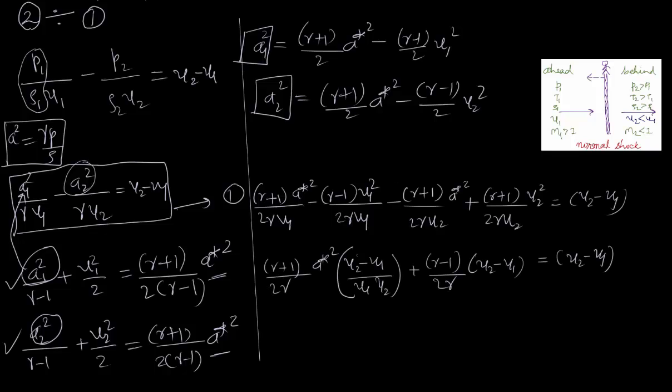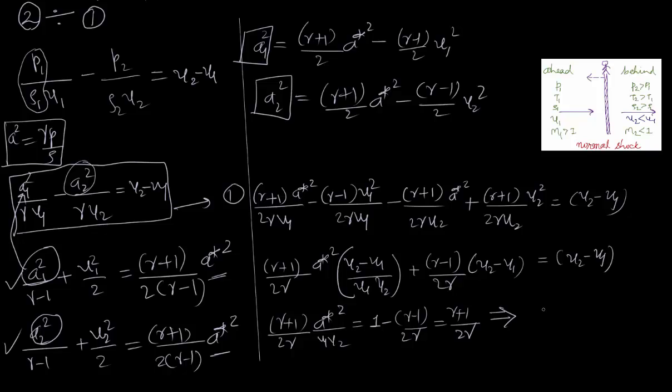So by simplification of this equation, we will get gamma plus 1 by 2 gamma A star square divided by U1 U2 equals 1 minus gamma minus 1 by 2 gamma, which is nothing but gamma plus 1 by 2 gamma.